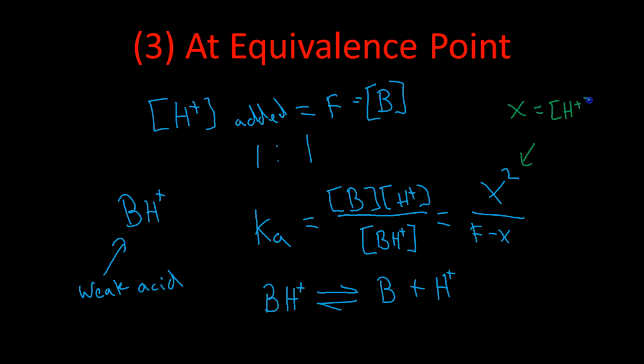And as we know very well at this point, our pH is just the negative log of our H plus. All right, and so this way we can determine what our pH is, and this is totally dictated by this Ka here. Okay, so that's at the equivalence point, right?